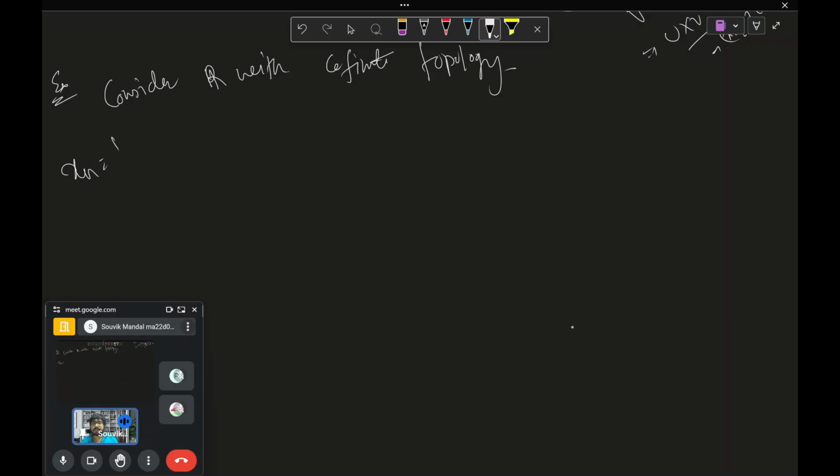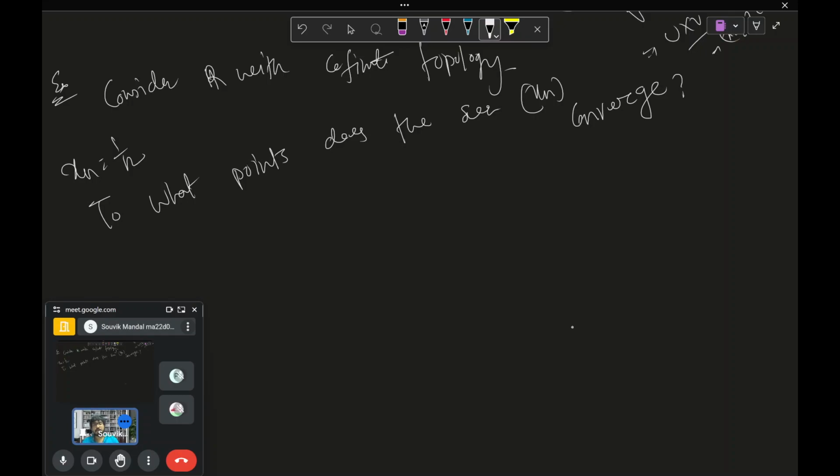Consider the sequence xn equal to 1 by n. The question is, to what points does the sequence xn converge? Now we need to check in which points the sequence xn converges.